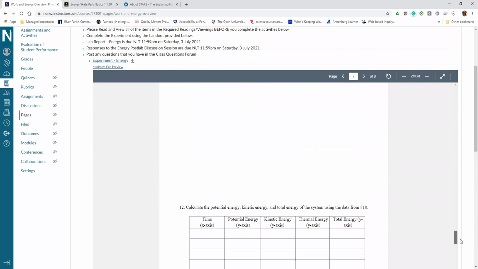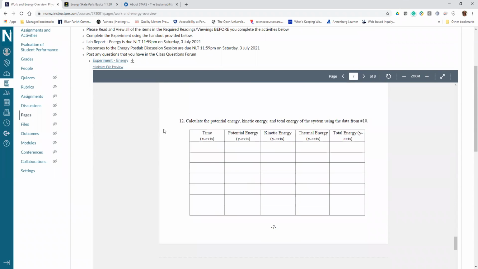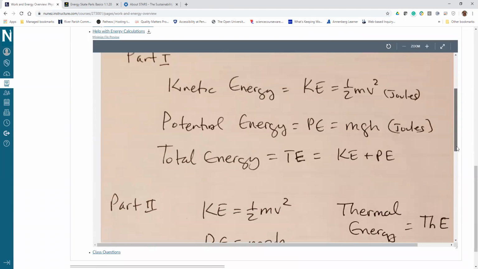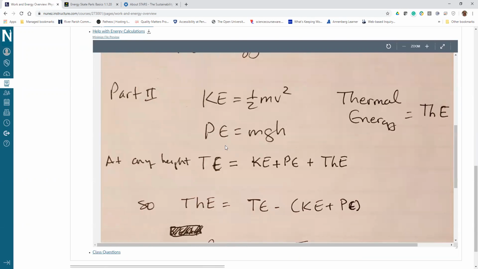And then you're going to use that in this table here to calculate the potential, kinetic, thermal, and total. And I help you out with that as well, because in that document with my poor handwriting, I have a part 2. So the kinetic energy is the same way, potential energy is the same way, but you have this new category, thermal energy. Okay.